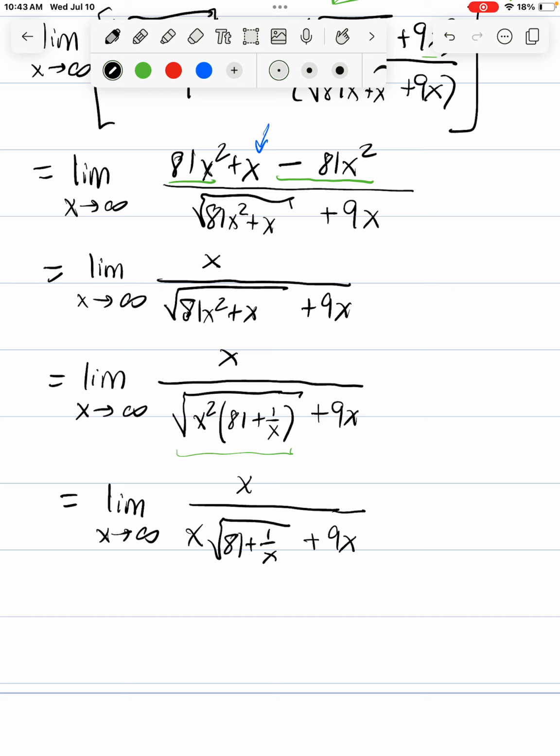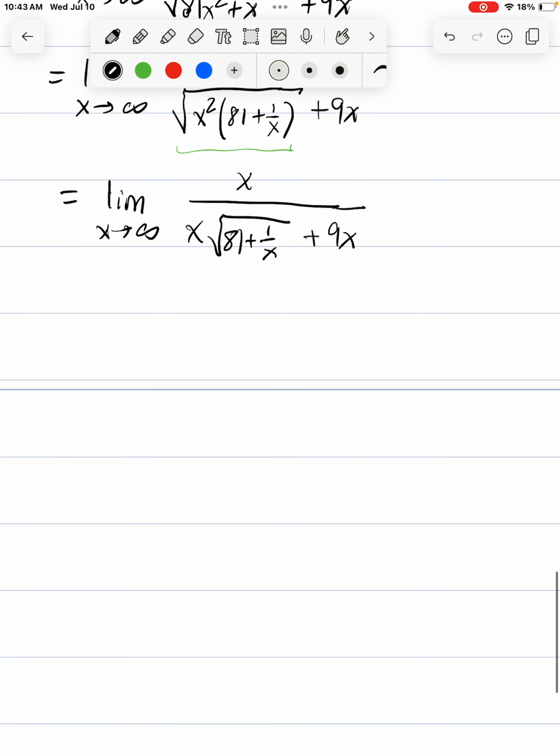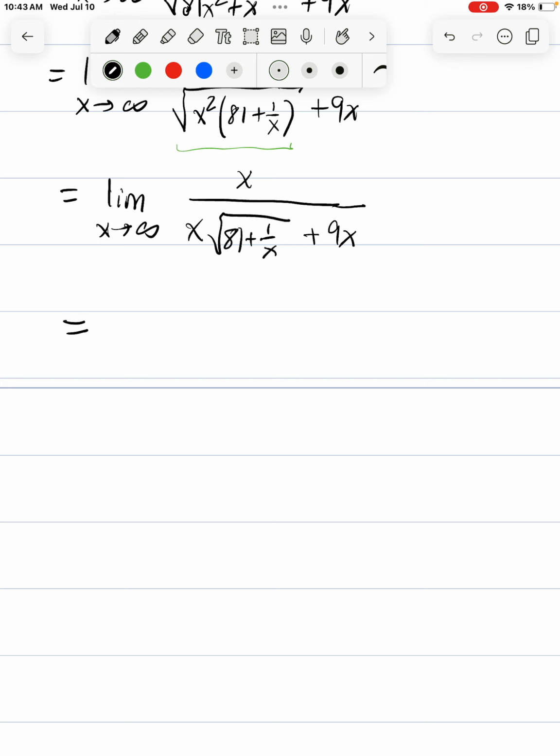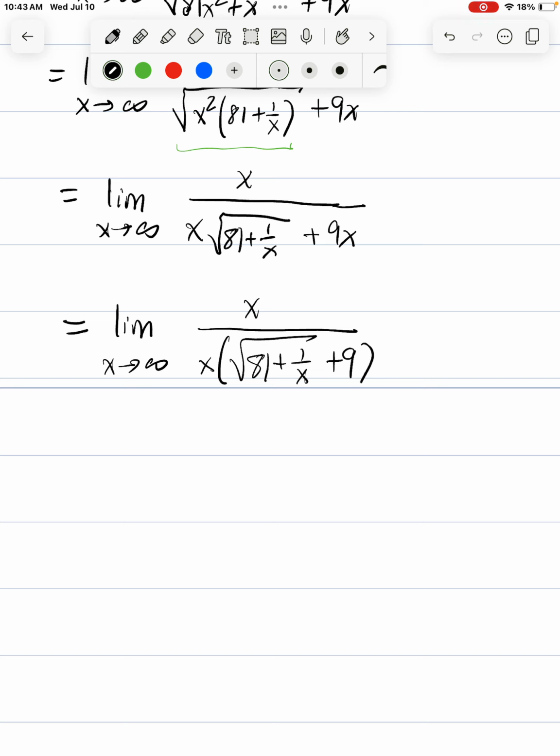And now what can I do? I can factor out an x from the denominator. And that's going to give me x times, in parentheses, the square root of 81 plus 1 over x plus 9. And now what can we do?